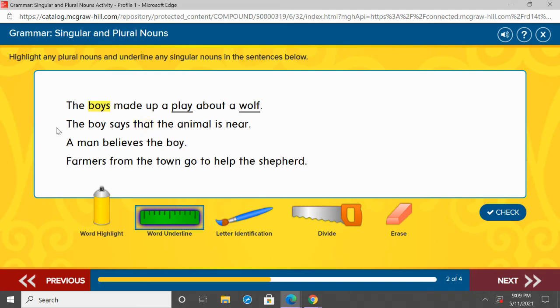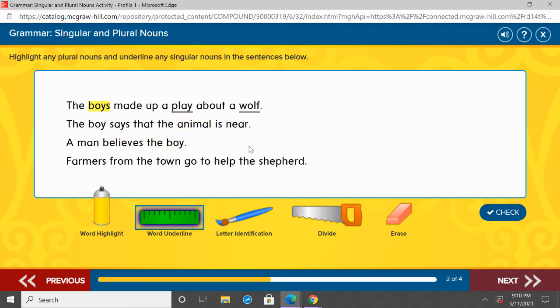Let's read the next sentence. The boy says that the animal is near. All right, I want you to go ahead and point to the two nouns that you see in that sentence. So you should have pointed to boy and animal.